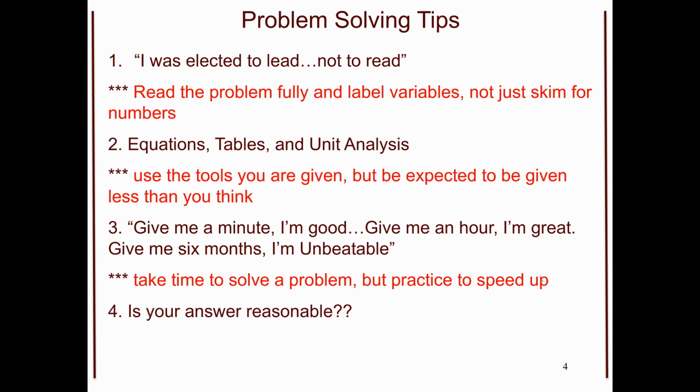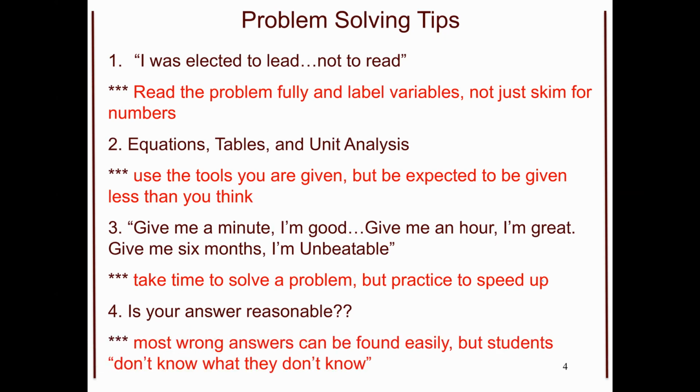Well, probably not. 846 kilograms of carbon is almost 1,700 pounds of carbon. I don't think they're going to let us do that in the lab. Maybe you have made a mistake in your math and it's just maybe 846 grams of carbon. We really need to work on that because most wrong answers can be found easily. But if you don't know what you're doing, there's a problem.